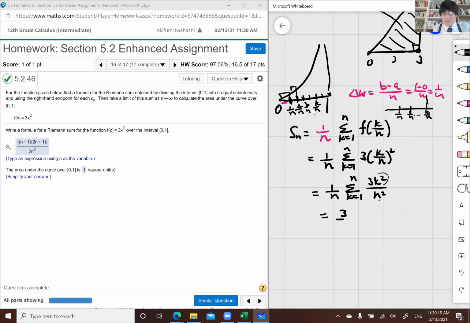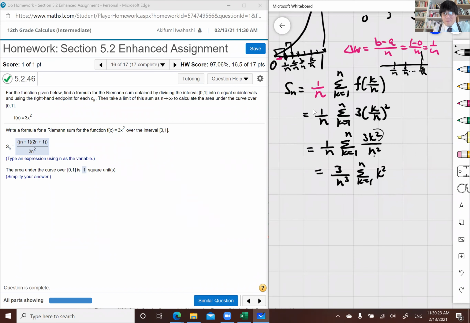So it's going to be 3 over n cubed outside, and you just have a sum of the first n squares. Using the formula, this becomes n(n plus 1)(2n plus 1) over 6. You reduce this and this, and you get (n plus 1)(2n plus 1) over 2n squared.